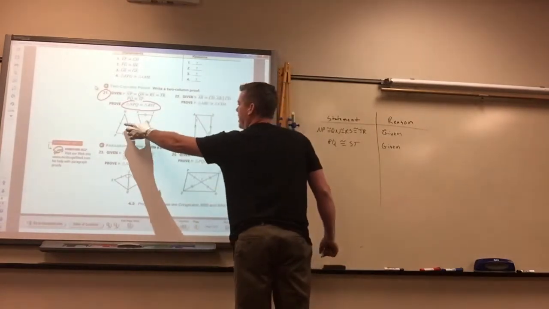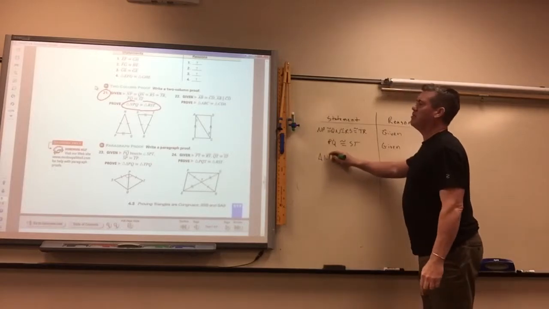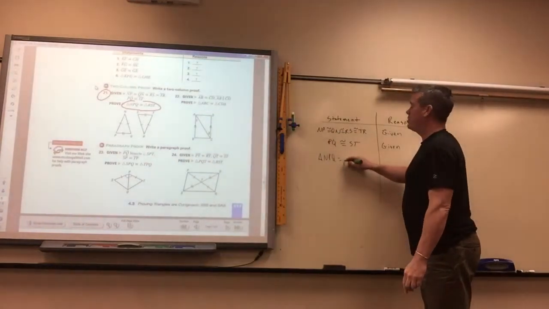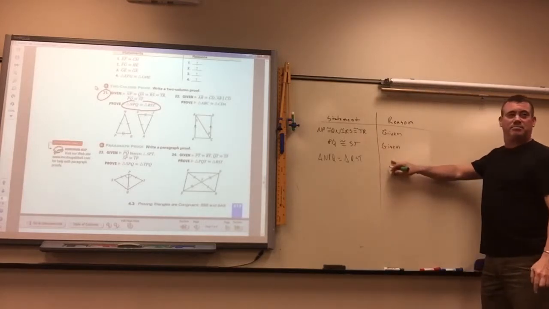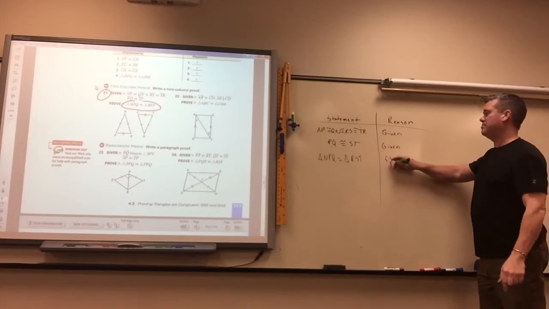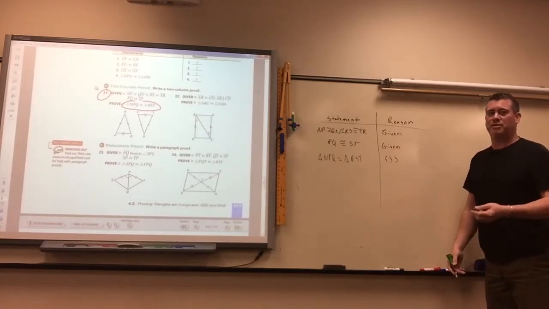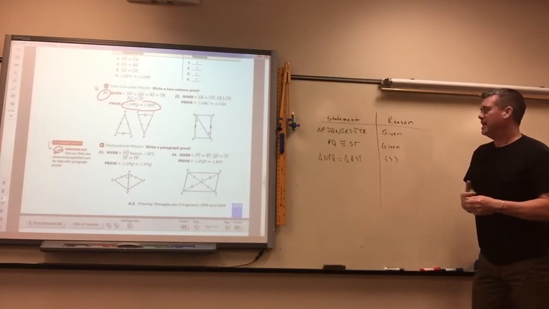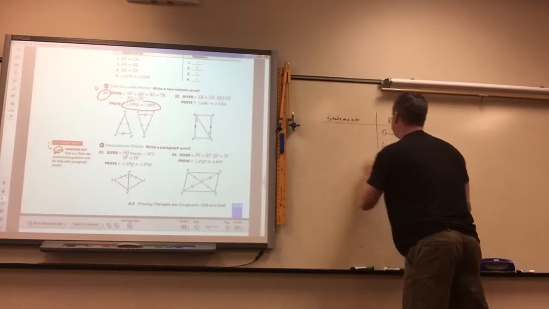So, we can put down then: triangle NPQ is congruent to triangle RST. And the reason why I can say that, what did he put yesterday? Side, side, side. So this is as easy of a proof as there is. Everything's given to you. Now the next one, not everything is given to you.